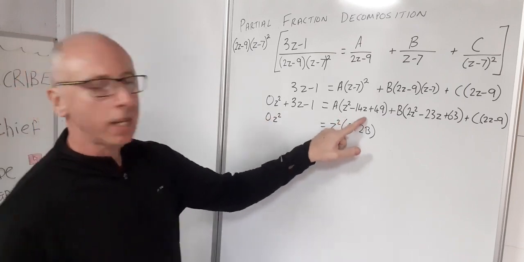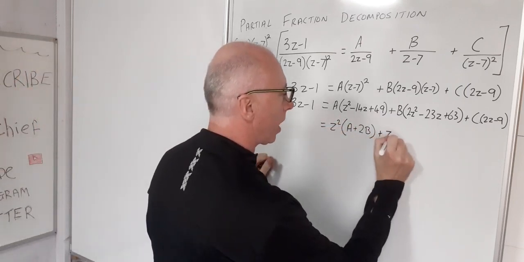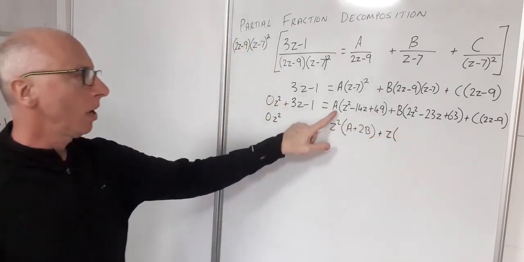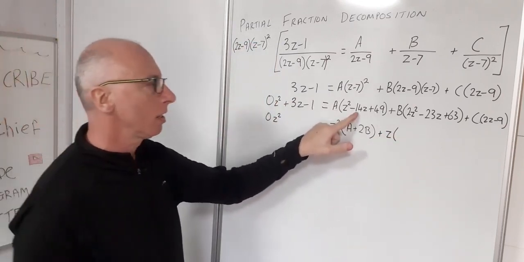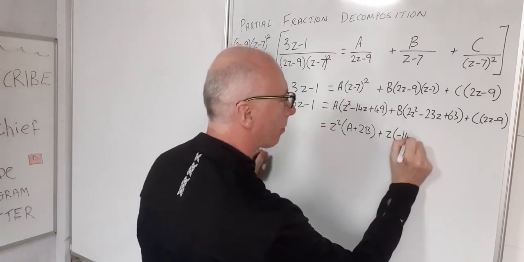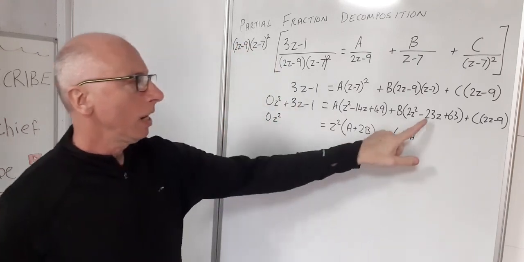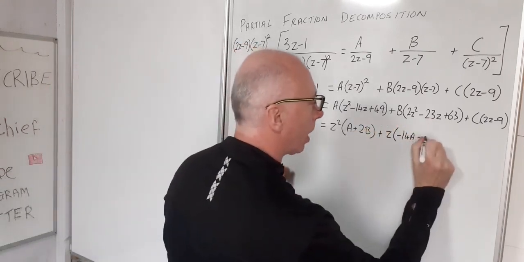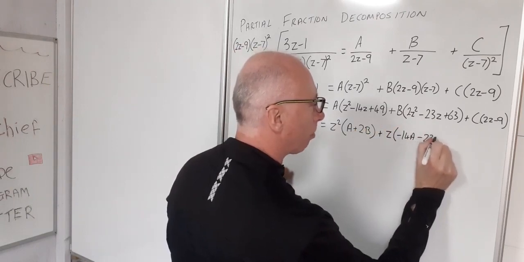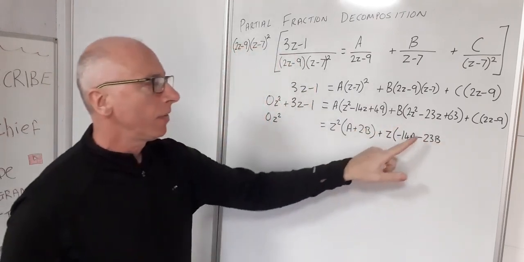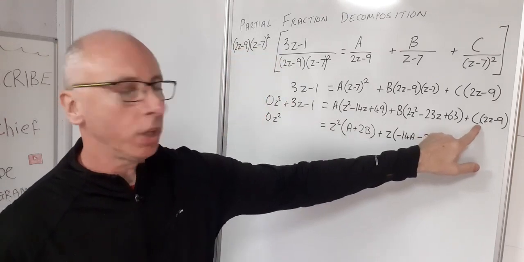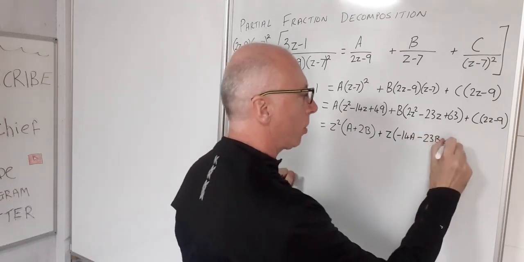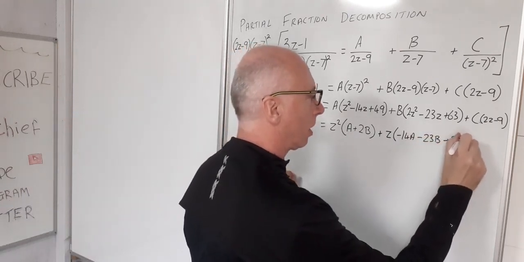Now let's set up the z. So here I've got a and minus 14, so that's minus 14a. Here I've got minus 23z and b, so minus 23b. The z term in here is 2c, so plus 2c.